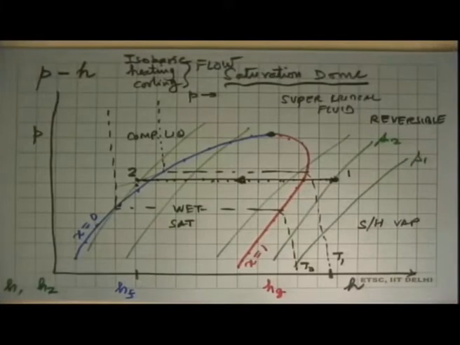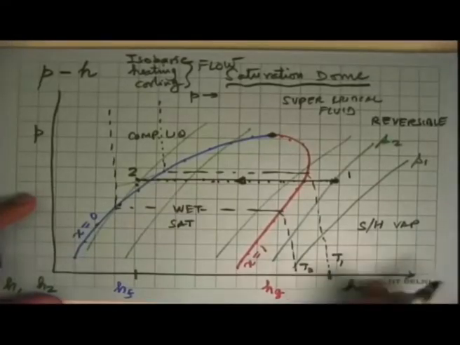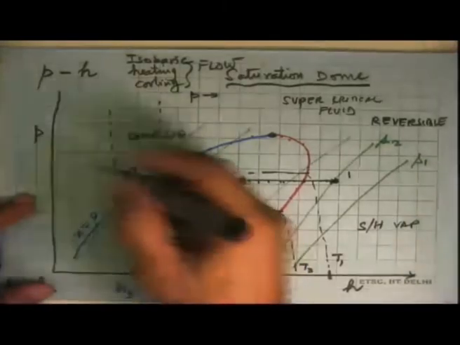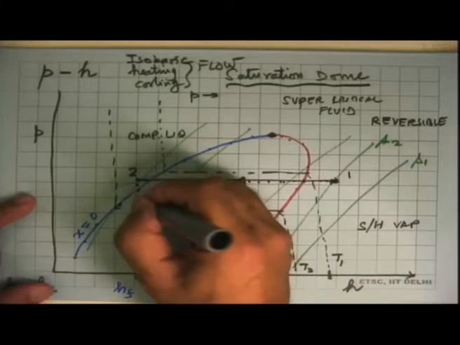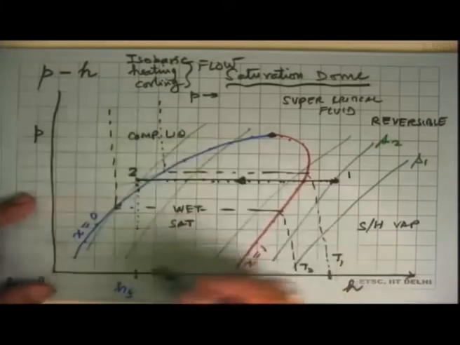The next thing that happens in the refrigerator, and we can now see yet another process that happens there. In the previous module, I discussed that if potential energy changes are very small, kinetic energy changes are small, it is adiabatic, no work transfer, steady state, then inlet and outlet enthalpies are equal to one another in a throttling process. So in this diagram, H equal to constant will be a vertical line, and that's what we do in a fridge or an AC, that after this thing, the fluid is throttled and brought down to a low pressure.